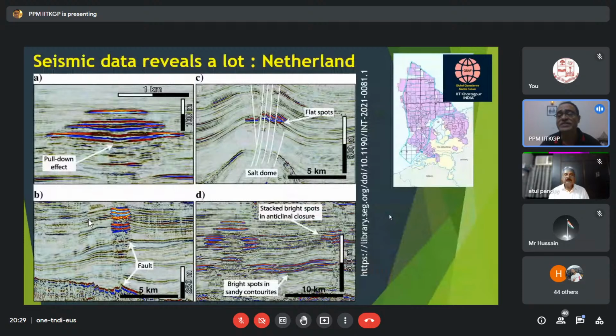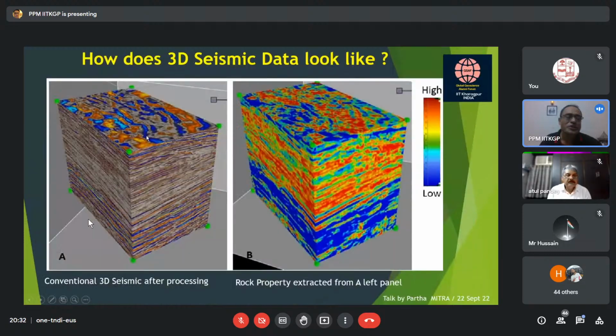Now, on your left, what you see is your seismic data, the 3D seismic data. Now, why I said geophysics is not only physics, it's also mathematics, because this really does not give me all of the information.